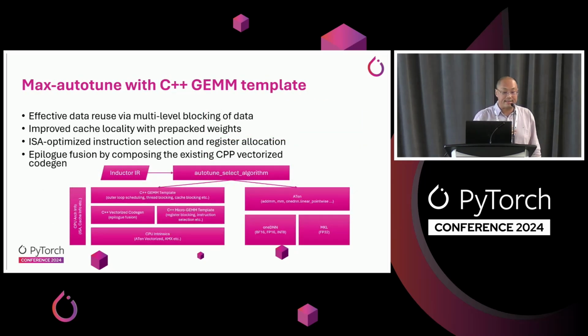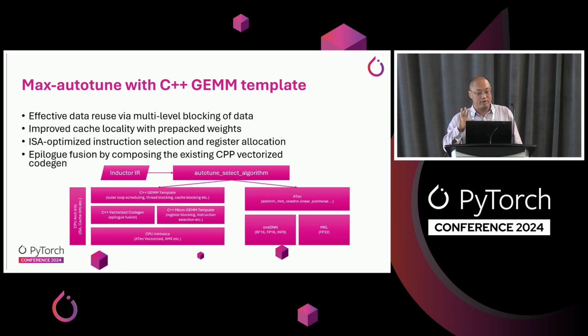The next feature is Max-autotune, which is used to further improve GEMM. Max-autotune selects the best performing kernel by profiling various implementations at runtime.